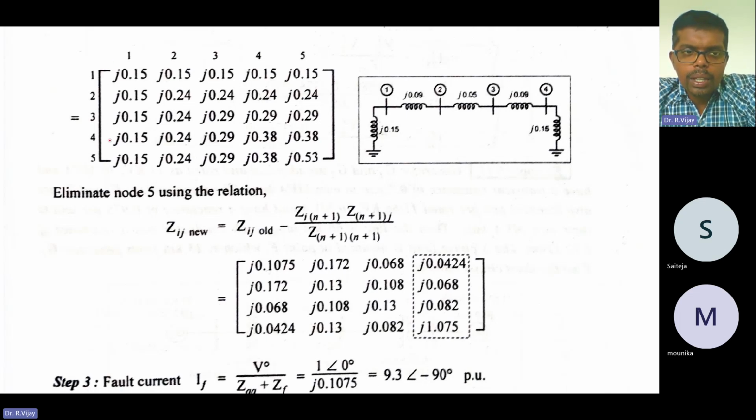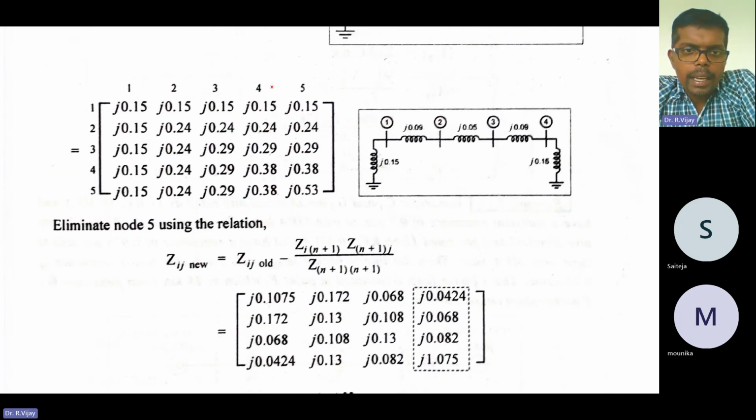Here you just copy paste the 4 cross 4 matrix, whatever the answer is there. And this column matrix, whatever comes, you need to write its transpose over here.